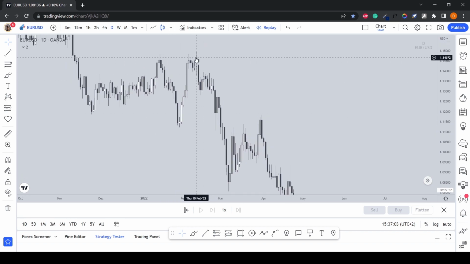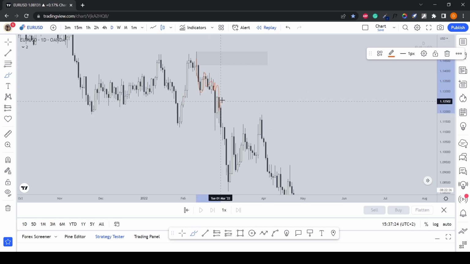This is an example of not clear move away from the zone. First of all, it's all mitigated here, but imagine you have this wick as your zone. You see what happens. Price moves down, but then returns up. It moves down, moves sideways a bit, and then falls. So no clear move away.